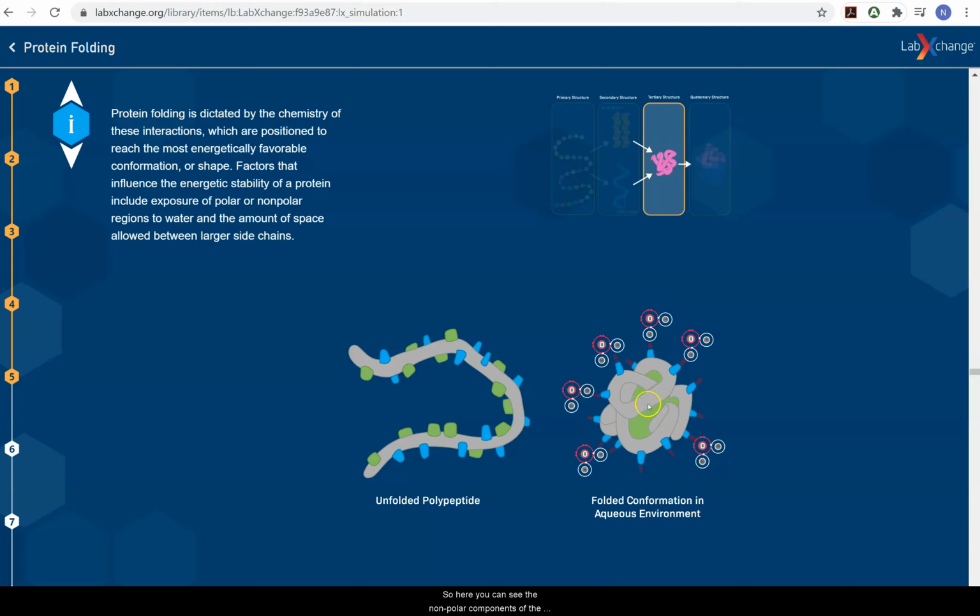So here you can see the nonpolar ones are in the middle of the polypeptide, all hidden from the water, while the polar amino acids are all around the outside interacting with these water molecules.